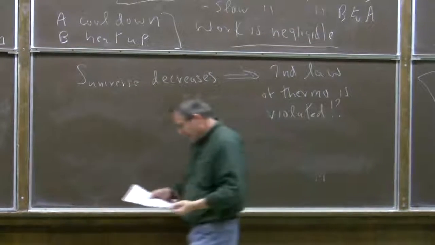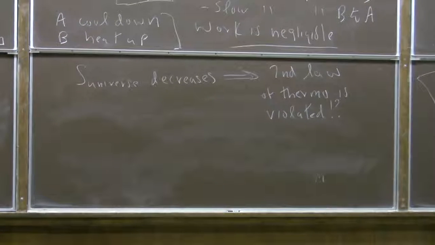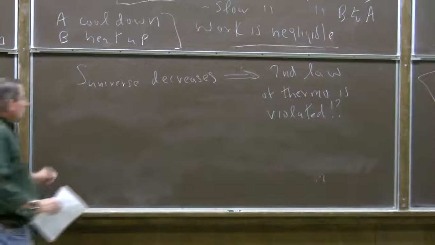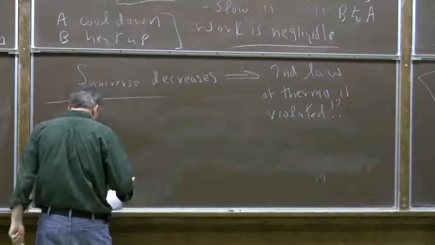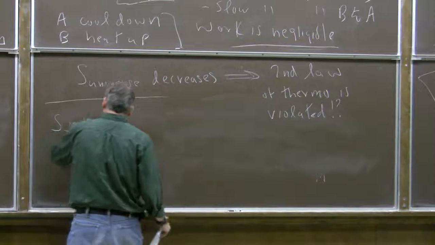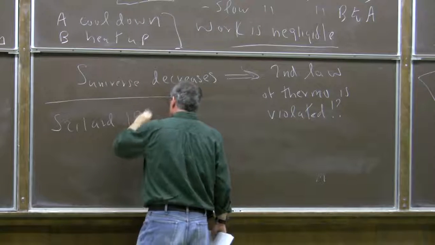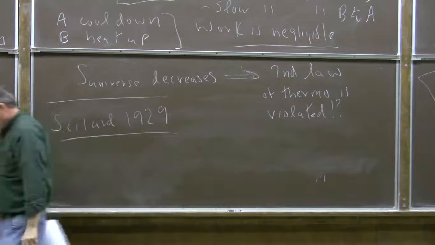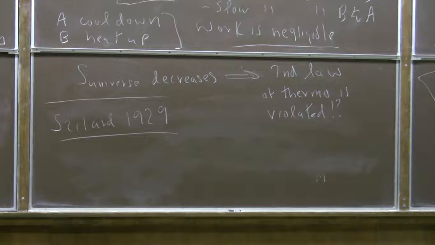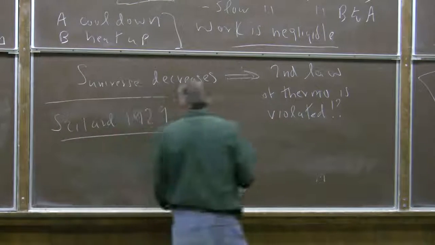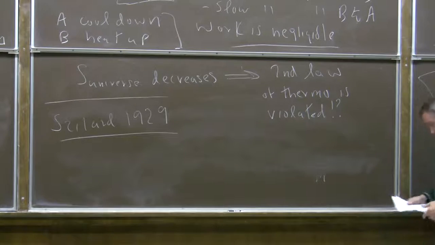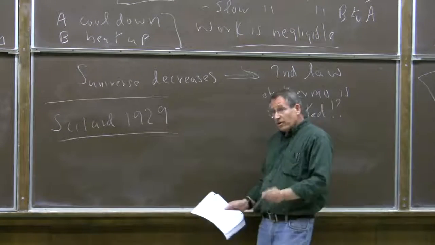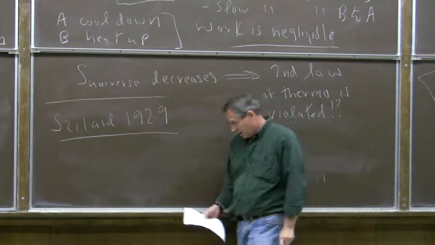That was the question that Maxwell raised but did not resolve. Quite a few years later, Szilard took up the question. This was just a few years before he became apparently the first person to conceive of a nuclear chain reaction. He thought about Maxwell's proposal, and he made a number of important conceptual contributions in this paper.